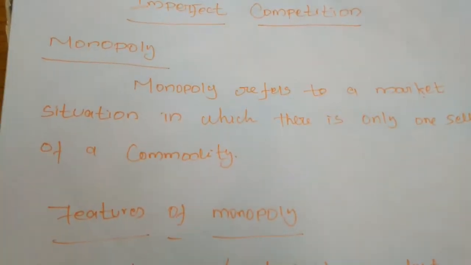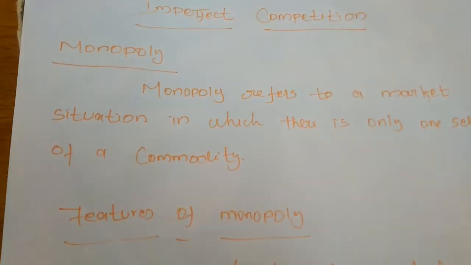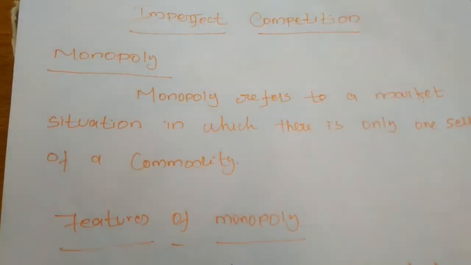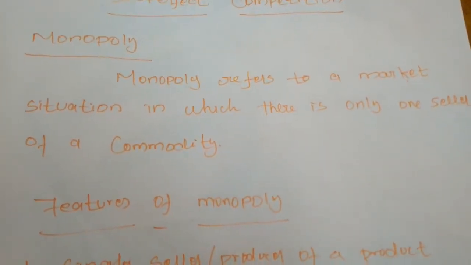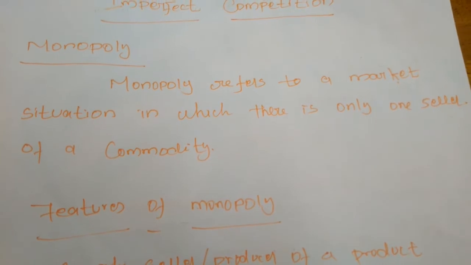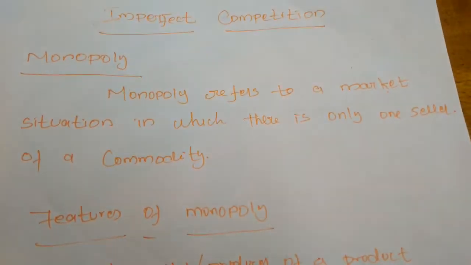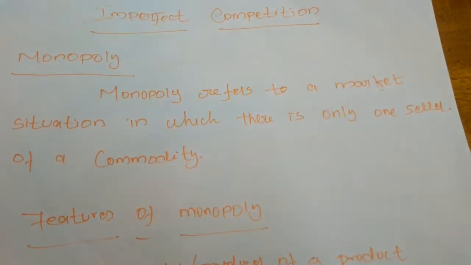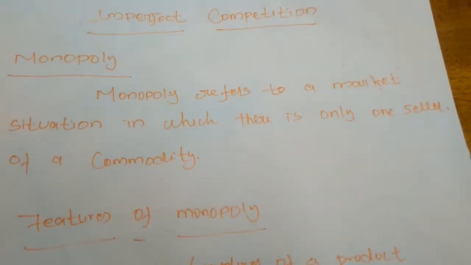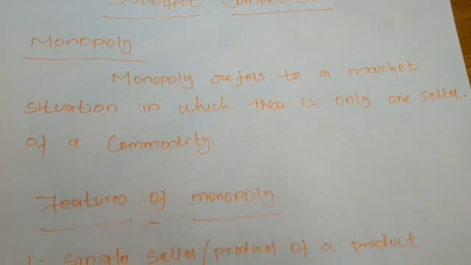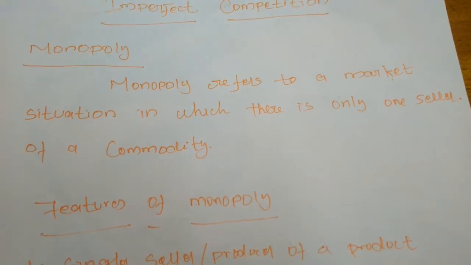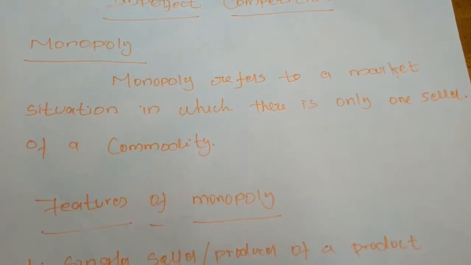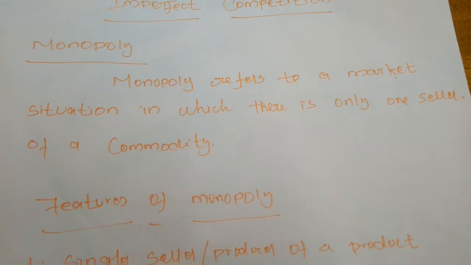Imperfect competition is a market situation where there are many sellers but they are selling heterogeneous goods, different types of goods. So imperfect competition is the opposite of the perfect competitive market scenario. As the name suggests, the competitive markets are imperfect in nature.